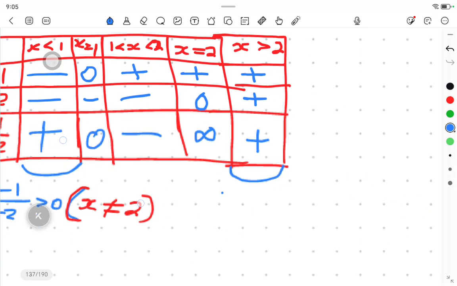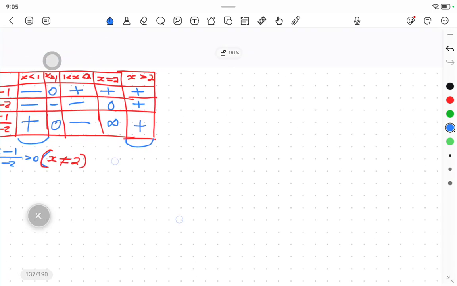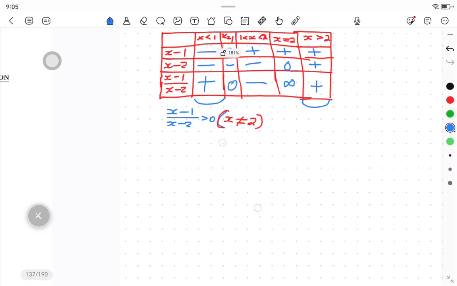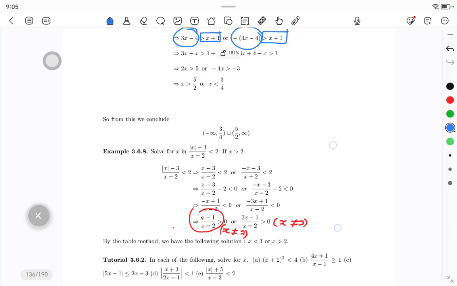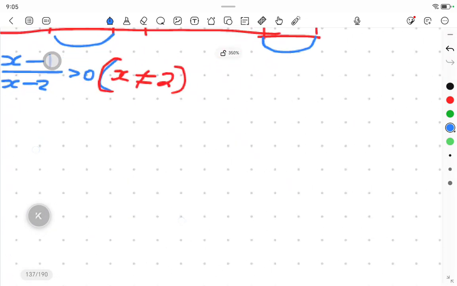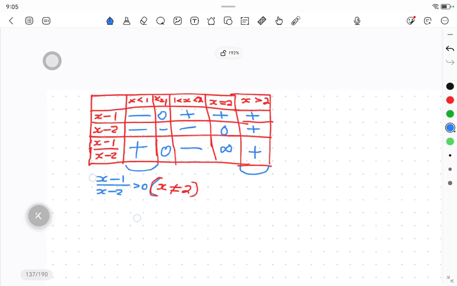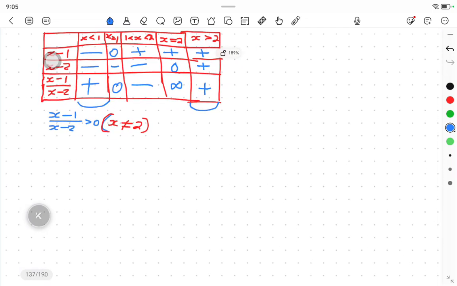And then we can try to combine it with the other one, right? The other one says that we have (3x minus 1) over (x minus 2). So we can even try to draw two tables for those. It's not a problem. We draw the second table.